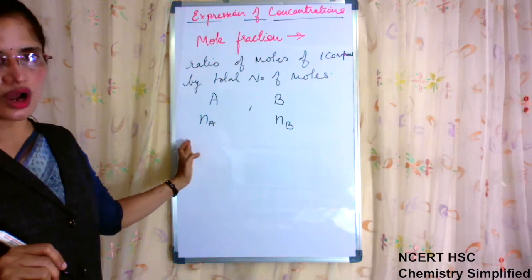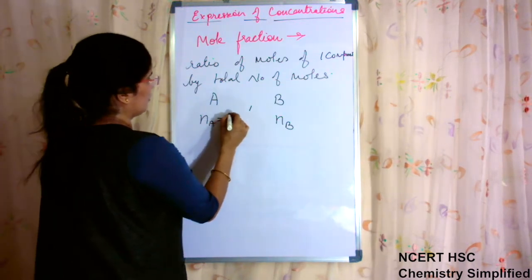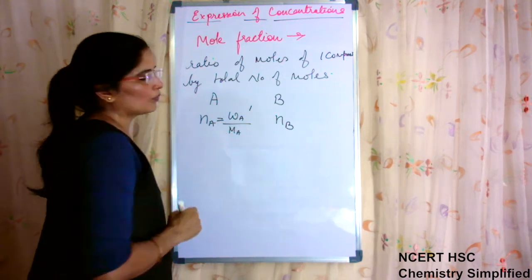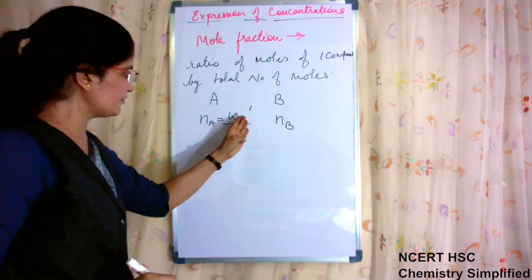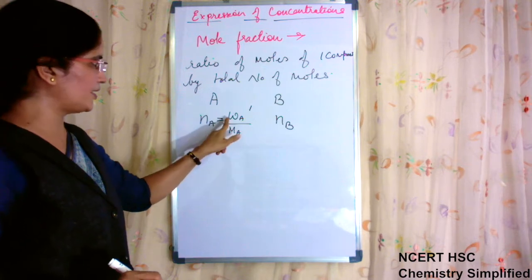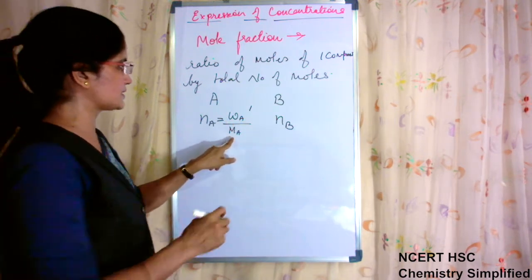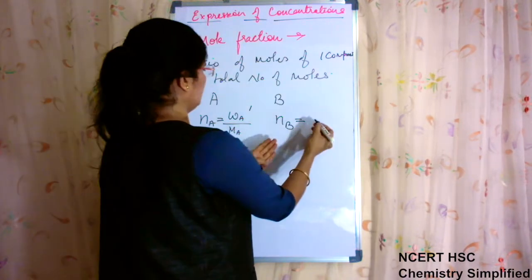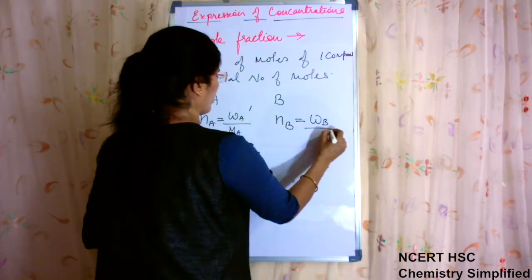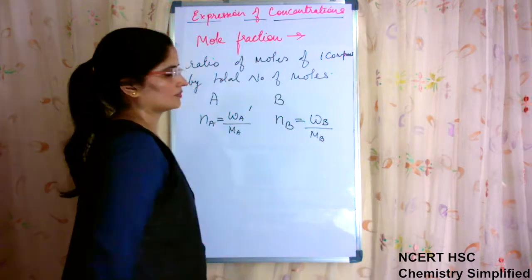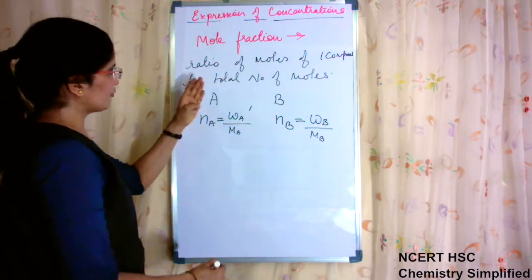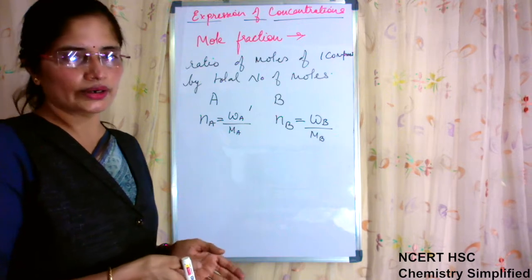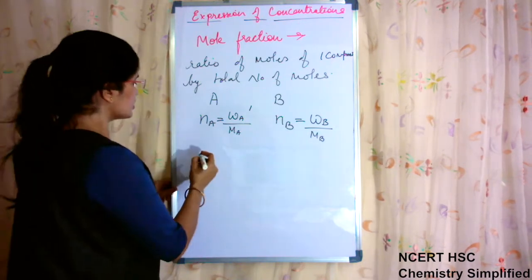And how do we find the number of moles? Weight in grams upon molecular mass. A we use for component A, so weight in grams upon molecular mass; if it is an atom, then atomic mass. Similarly Nb is Wb upon Mb. Now, if we have to find the mole fraction, that is how many moles of one component are present in the total solution.